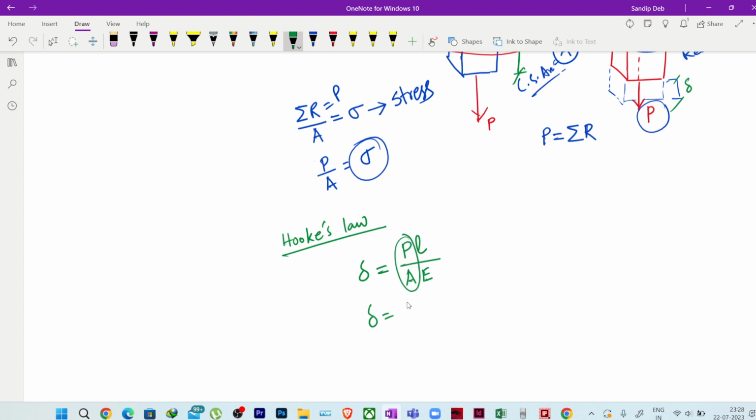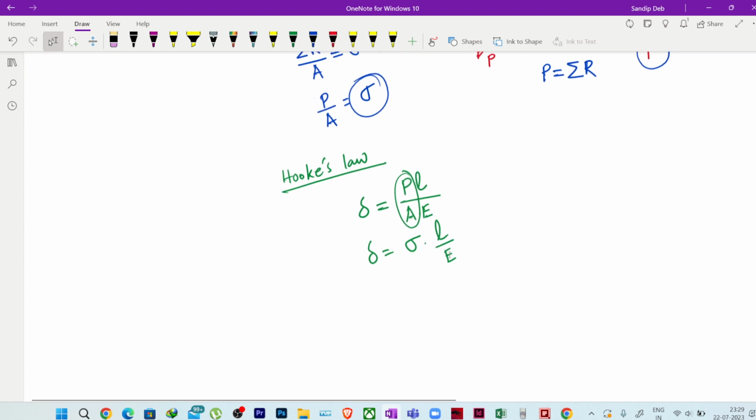We can write it as sigma multiplied by L by E. Okay, we can write delta as sigma multiplied by L by E. Correct?